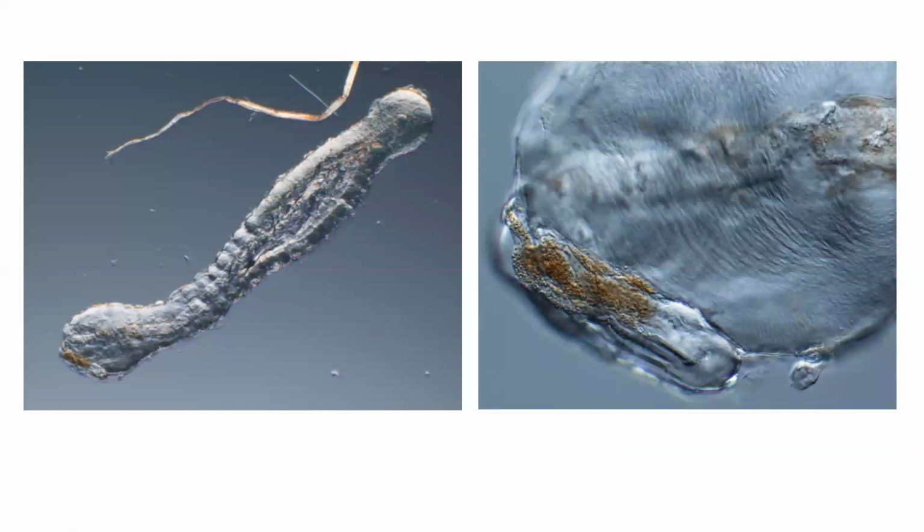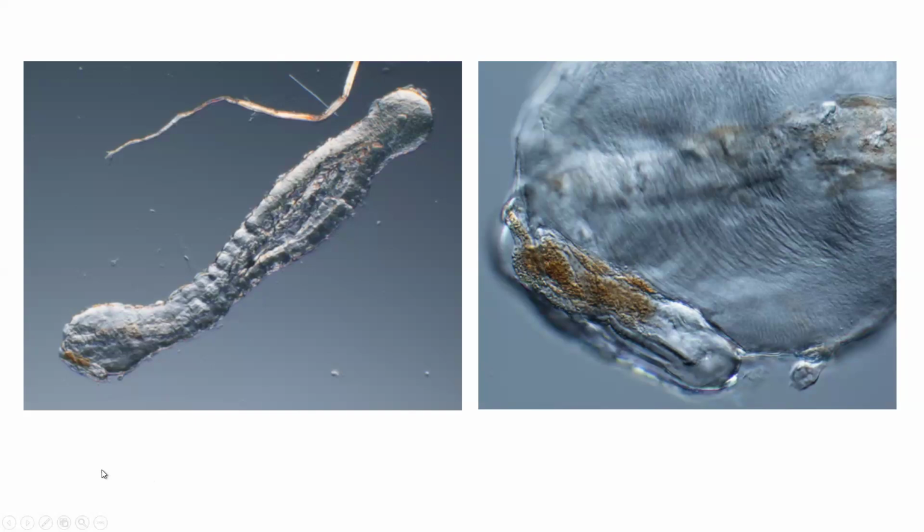You can see it's a segmented organism. It unfortunately sustained some damage during removal. So some of the head portion, that's at the lower left, was left behind, probably in the eye or along the way somewhere.